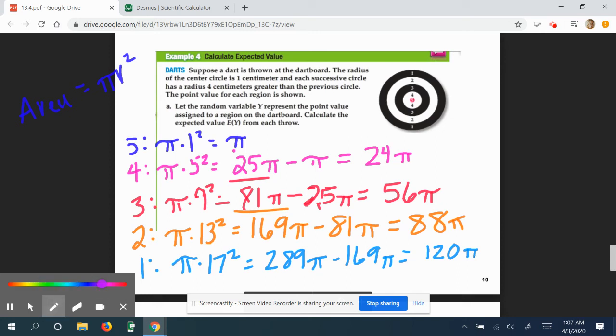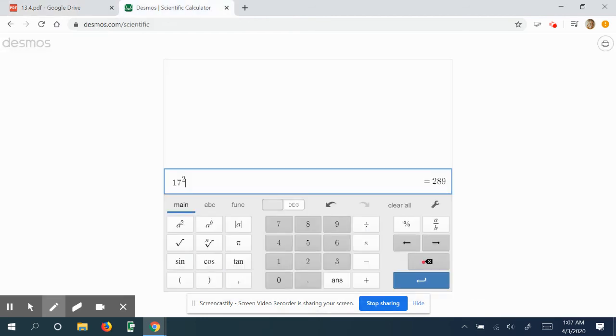So what that means is I'm going to take my first number, that's the point total, times the area. I'm going to multiply that by 5. I'm going to do this over here, and I get 5 pi on the first one, plus the next one is 4 times 24 pi, which would be 96 pi.